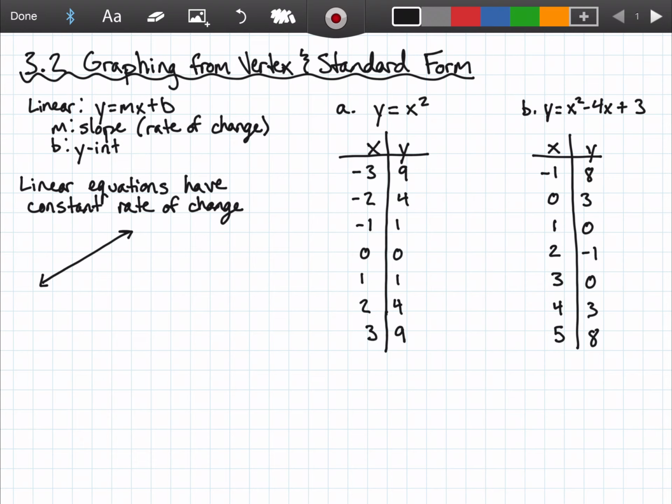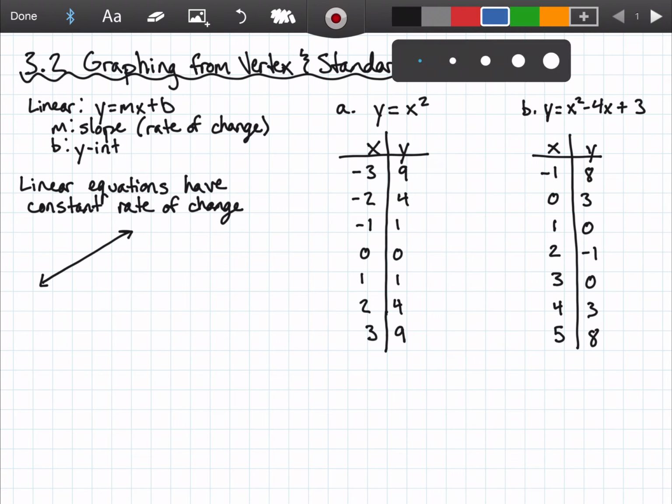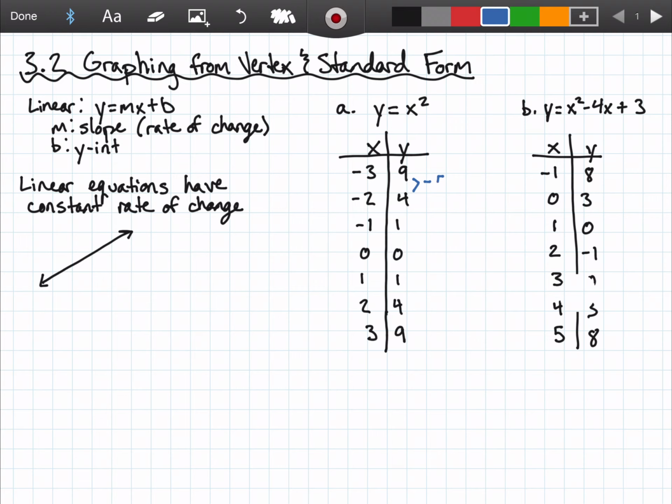Okay, so we're going to look at the rate of change of these quadratics, and specifically, we see the x values are increasing by 1 every time, so I would like to focus more on the y values. And just a little refresher, if I'm looking at the rate of change, I'm really just looking to see, okay, what was the change between those 2 points? So to get from 9 to 4, we go -5, 4 to 1, -3, and I could keep filling this out.